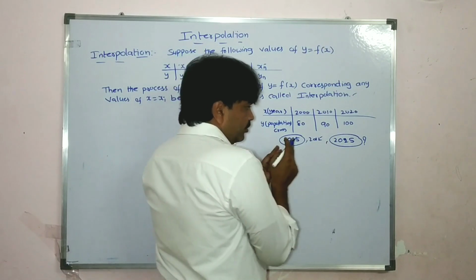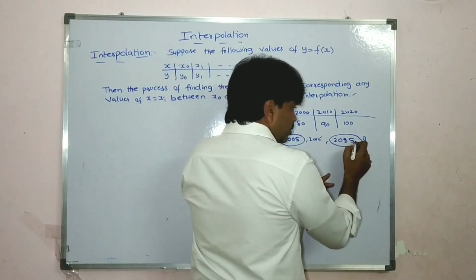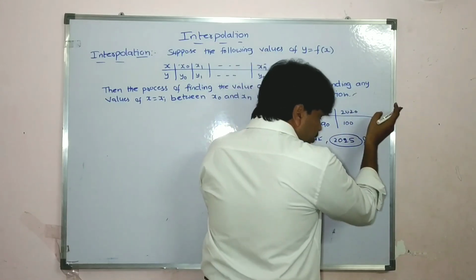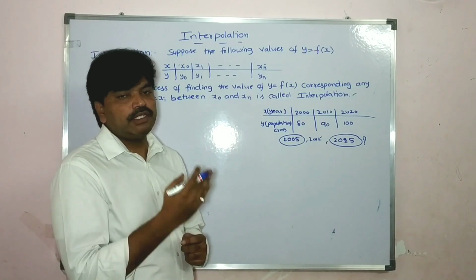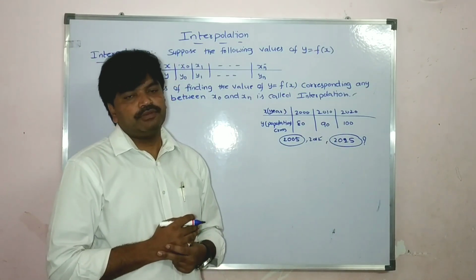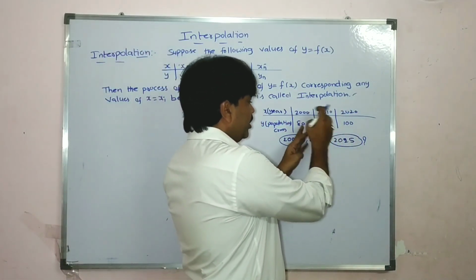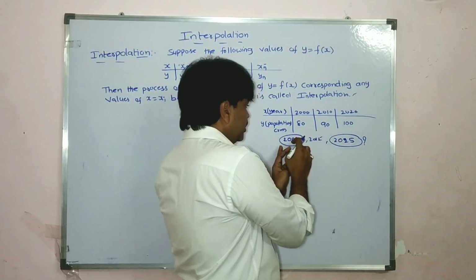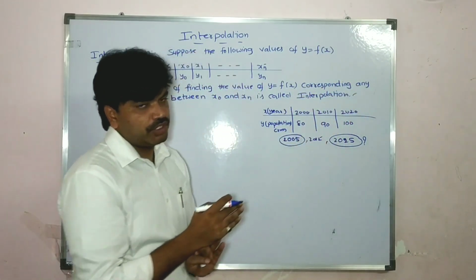But here I want to find the population in the year 2025. That means beyond the range. 2025 is beyond the range, not in the range. The process is called here extrapolation. If it is in the range, if I find any value among the range, then it is called interpolation. Beyond the range, it is extrapolation.